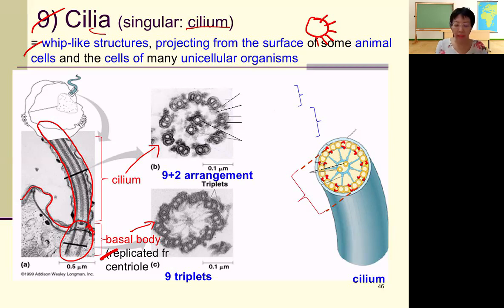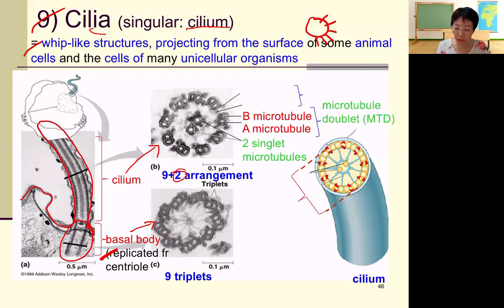Let us study the 9+2 arrangement of the microtubules in the cilium. The 2 stands for 2 singlet microtubules. Right in the center of the cilia, you've got 2 individual microtubules that are not joined to each other, so we call them 2 singlet microtubules. Then the 9 is because of the microtubules that are arranged at the side. They appear in doublets.